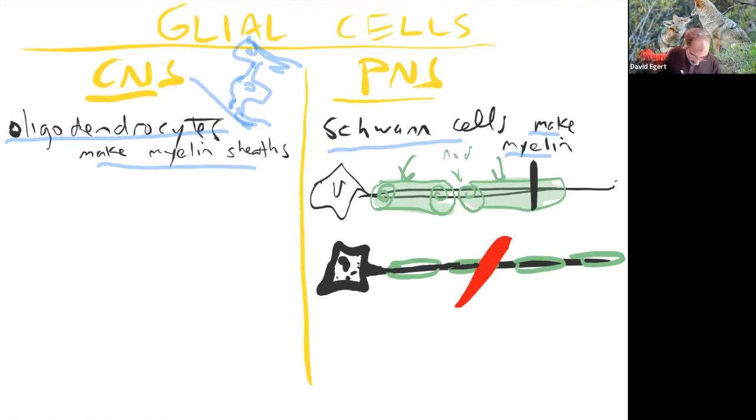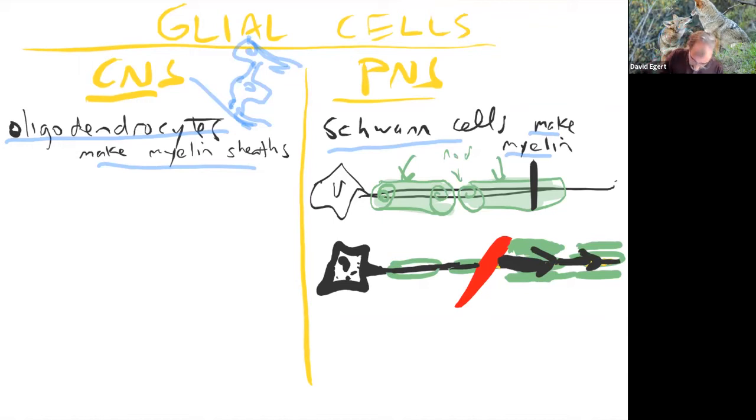So what happens is the axon downstream of the cut is going to start to degenerate. And these Schwann cells basically change from being myelin sheaths to cleaning up the mess and making a guide for the axon to regrow and hopefully find its original place where it connected.